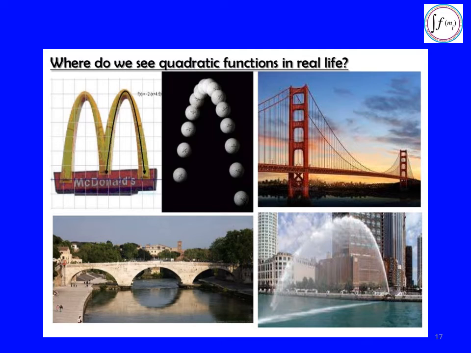Quadratic functions. See, in how many places we can see quadratic functions in real life? They are all around. When teaching functions, if we take these examples or if we make students find these examples, first introduce the theory part, then make them find these examples or the other way around, that will make sense.